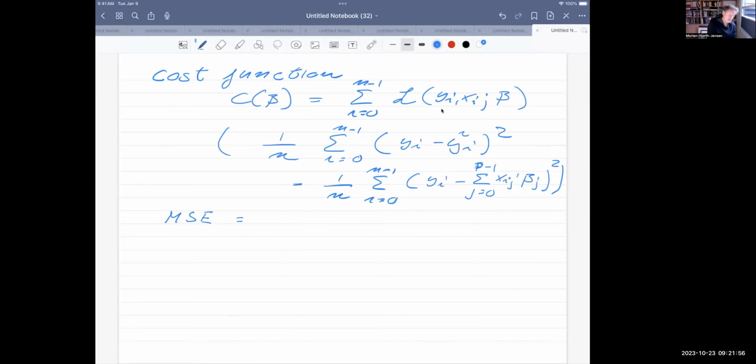we can actually rewrite that as an expectation value. And if we use this vector notation as we had before, we would now have this as given by y minus X, the design matrix, and then we have the norm 2 squared.